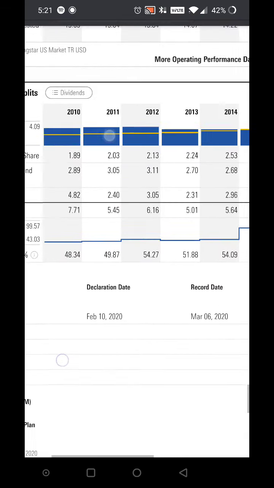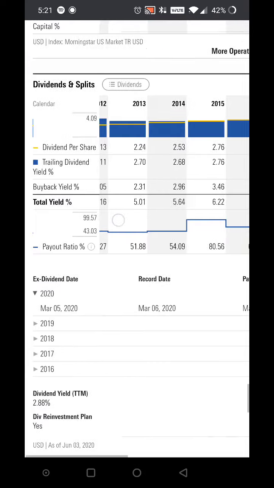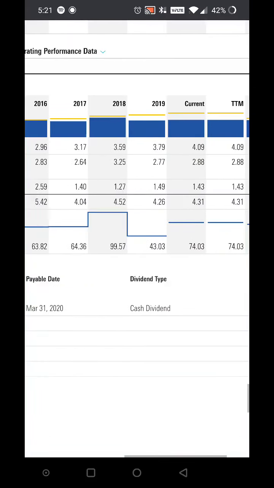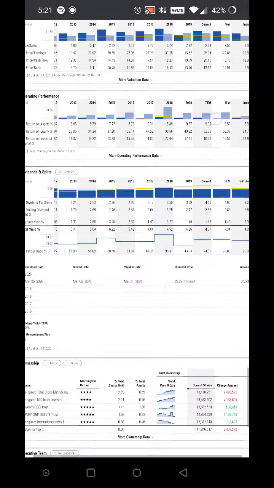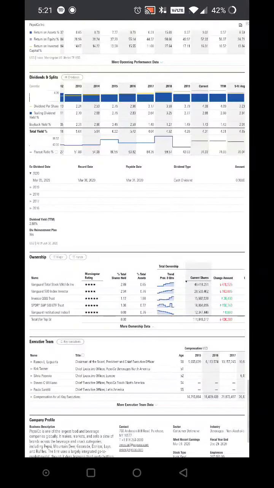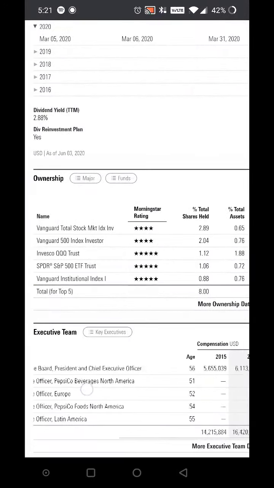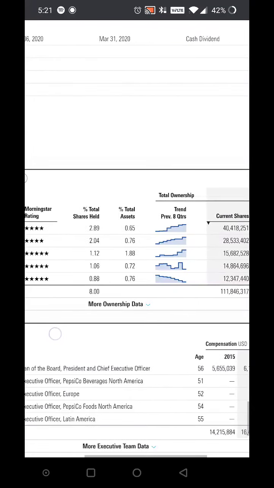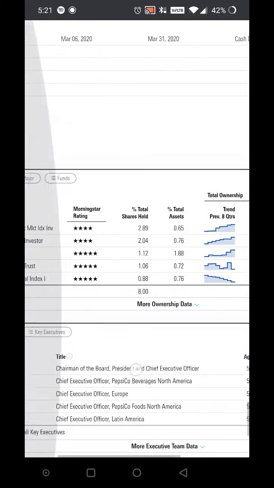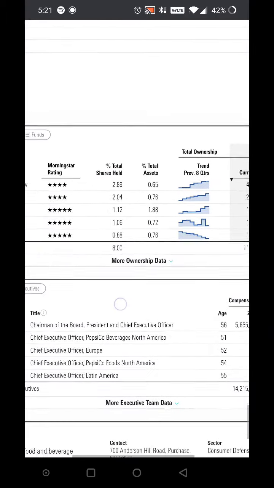This is an important one, the payout ratio percentage for the dividend. You want it to be less than 60. Right now it's 70. Not terrible. You can see what funds are buying it, which one has the highest number of shares held.